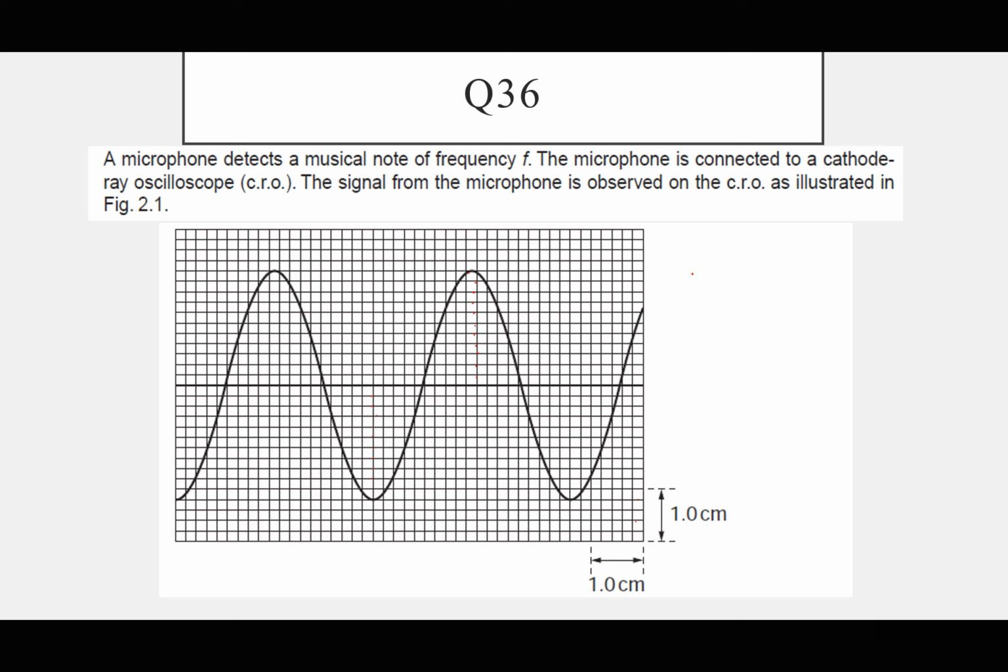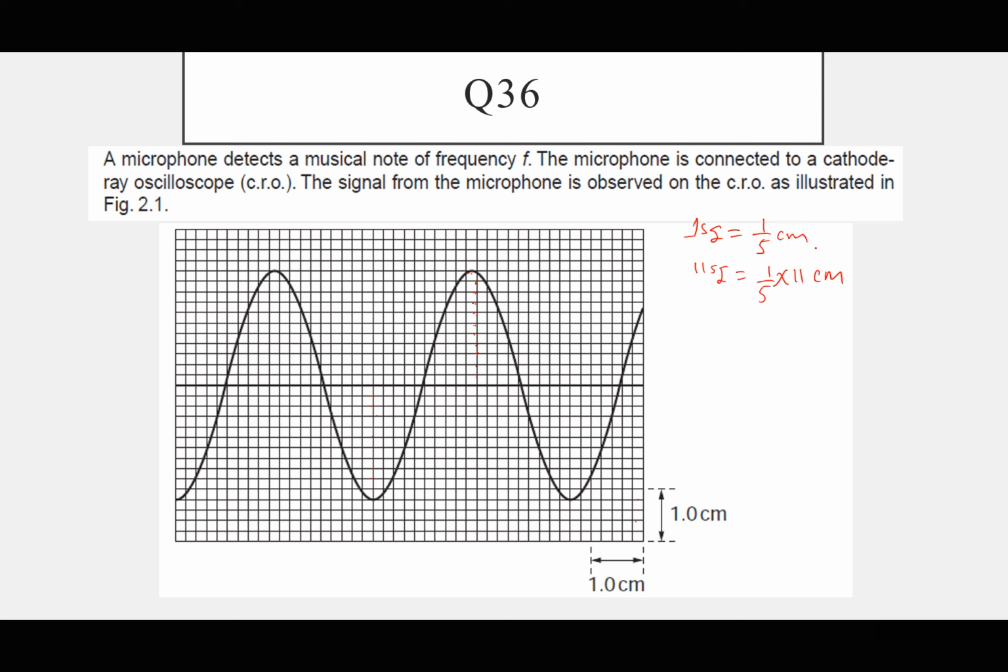So one small square is 1 over 5, and 11 small squares will be 1 over 5 times 11, which is 11 over 5 in centimeters.